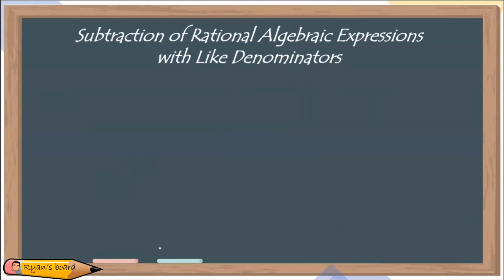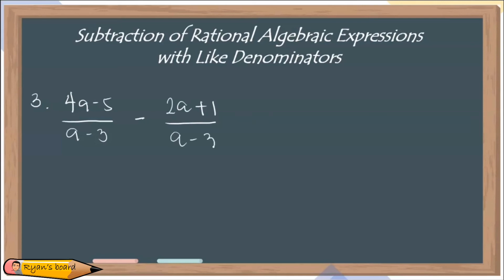Let's have number 3. Let's have this one. 4a minus 5 over a minus 3 minus 2a plus 1 over a minus 3. Again, we copy the common denominator, a minus 3.